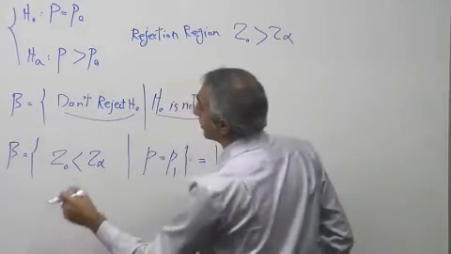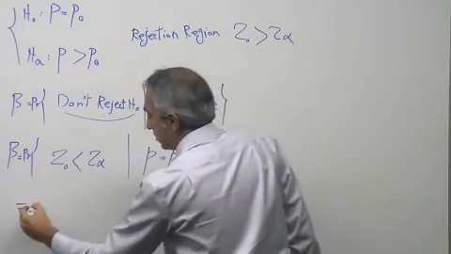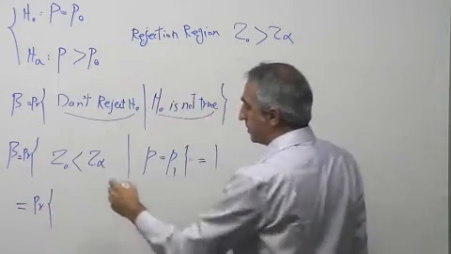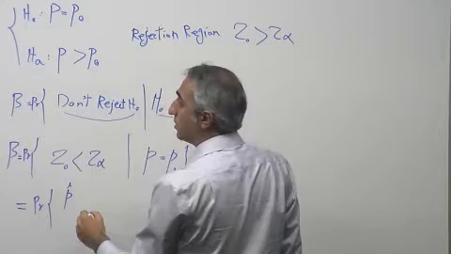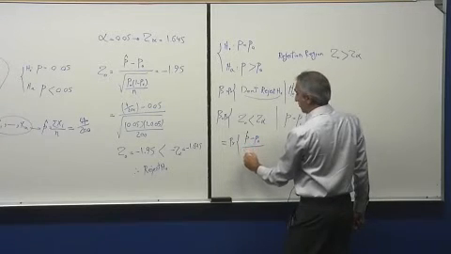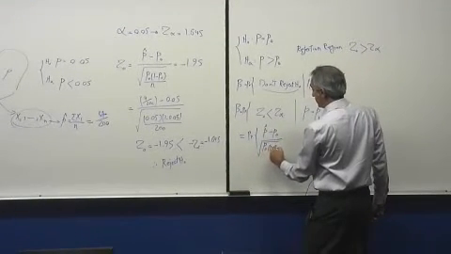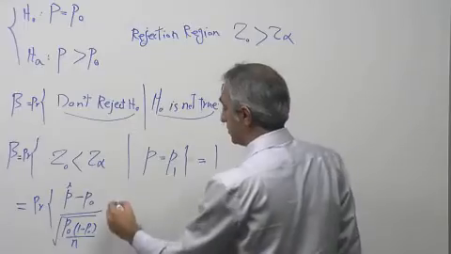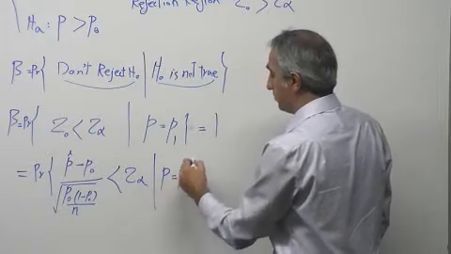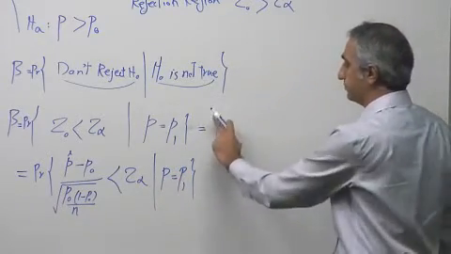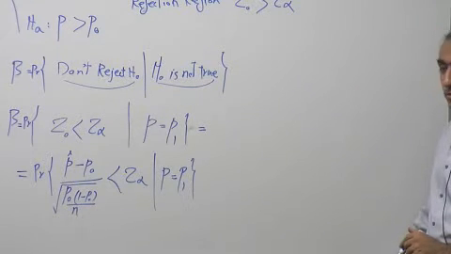So for that, I just dropped the probability, sorry. So probability of, instead of Z0, I use P hat minus P0 divided by the standard error. This should be less than Z alpha, given P is P1. Any questions so far? Is it clear?